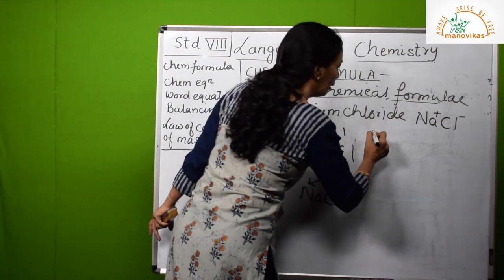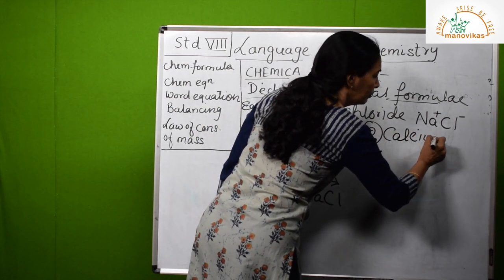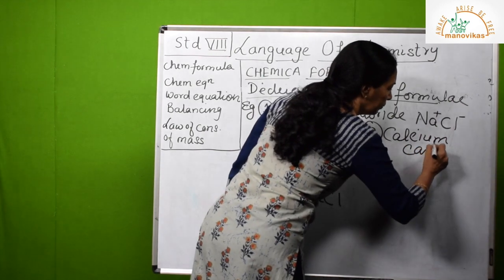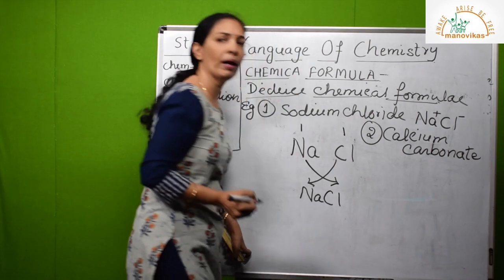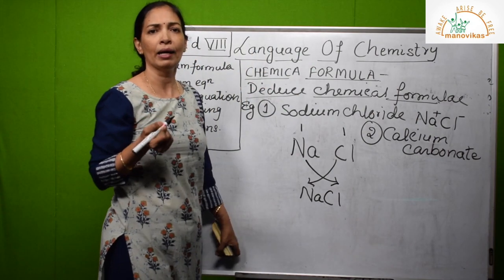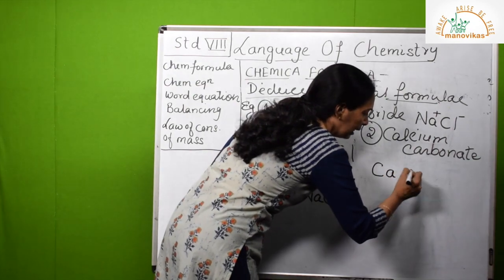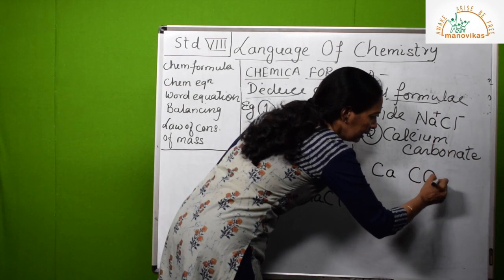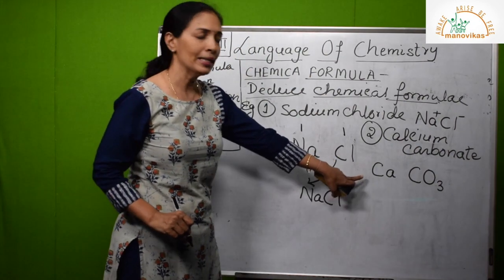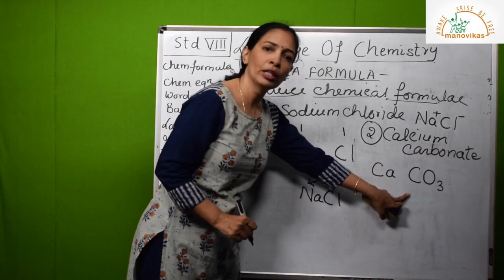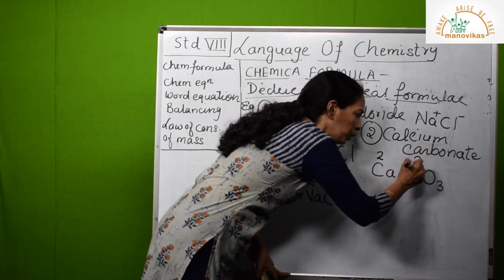Similarly, second example, if you take calcium carbonate. Provided you know calcium ion with its valency and carbonate ion with its valency. So calcium is Ca, carbonate is CO3. Okay. The valency of calcium is +2 and CO3 is -2. So what we will do? We will write 2 and 2 here.